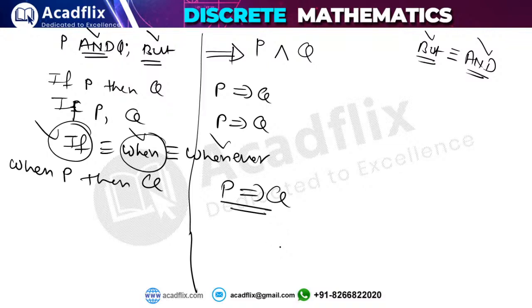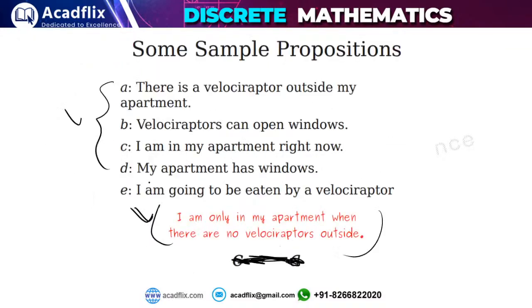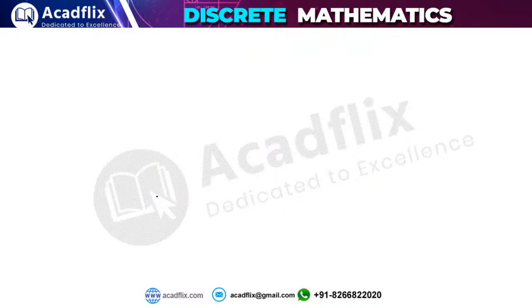Okay, so before I see this example, let me tell you something. If you see this statement, just focus on this statement, P if Q. You already know, whenever you have this kind of statement, you write it like this, P implies Q, because this if goes backward, you already know this thing.